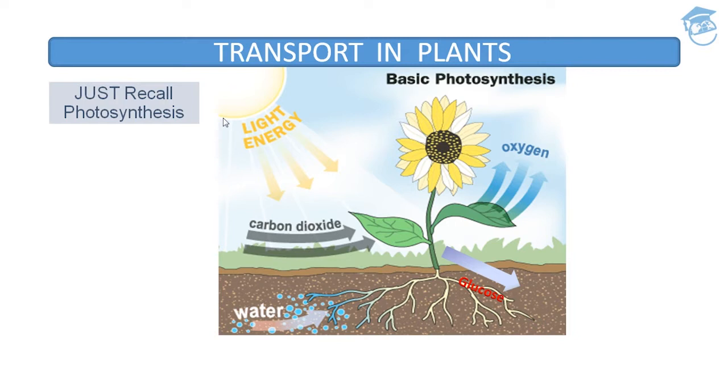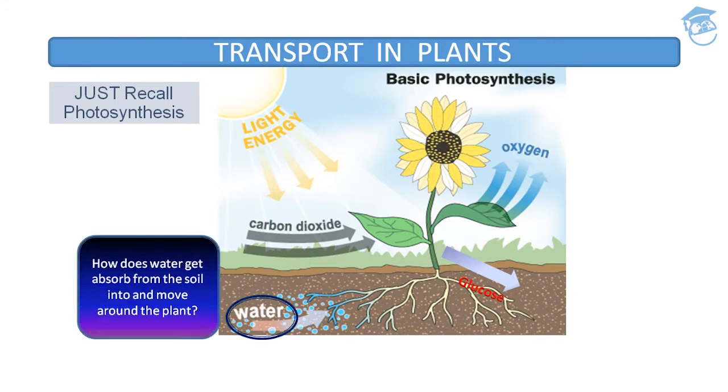Okay, so just recall photosynthesis. See, this is basic photosynthesis, wherein the leaf prepares its own food with the help of light energy which is emitted from the sun. So how does water get absorbed from soil and move around the plant?